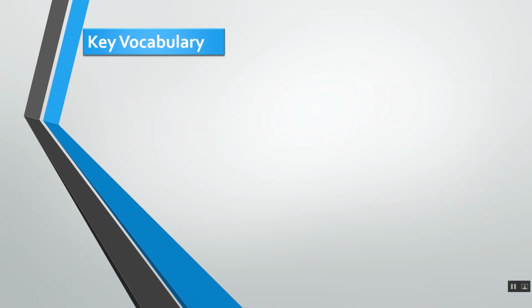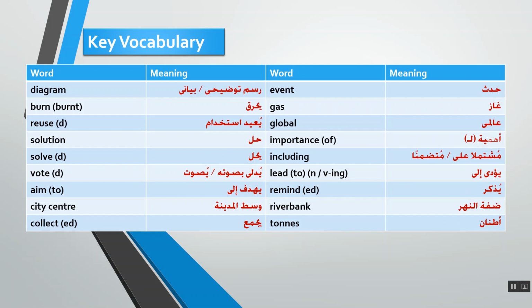Let's start with the key vocabulary: diagram, burn, burnt, reuse, reused, solution, solve, solved, vote, voted, aim to, city center, collect, collected, event, gas, global, importance of, including, lead to, remind, reminded, riverbank, tons.